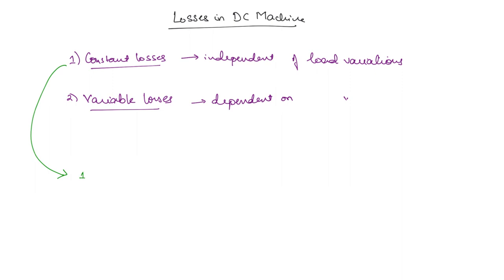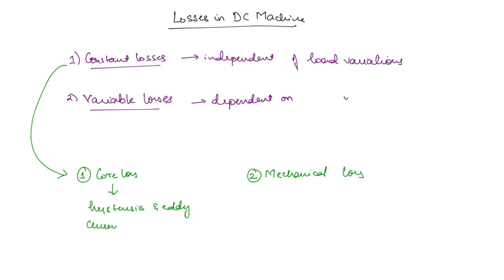We have two kinds of constant losses. First one is the core loss and second one is the mechanical loss. In core loss we have the hysteresis and eddy current losses. These are due to the magnetic core. That is why they are called core losses. Then what about mechanical losses? This includes the frictional losses, caused due to the friction of machine bearings.